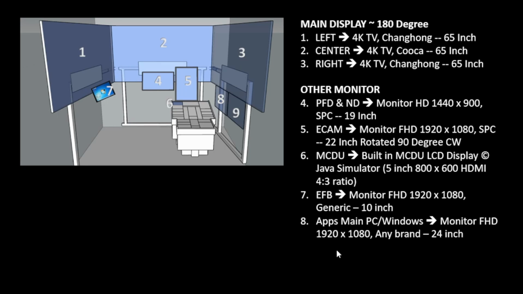The next one is actually the PC Windows here. This is for showing the applications being used in the main PC, like Mobile Flight, Soundpad, and any other software that is not usually covered by the triple screen of MSFS 2020, right?